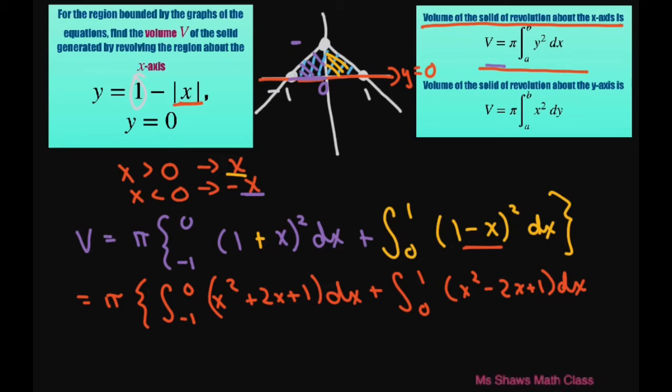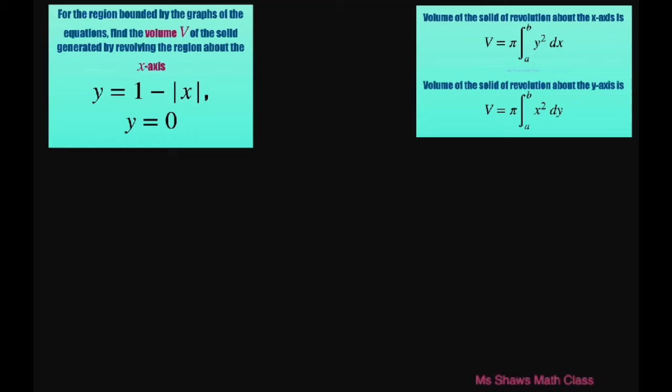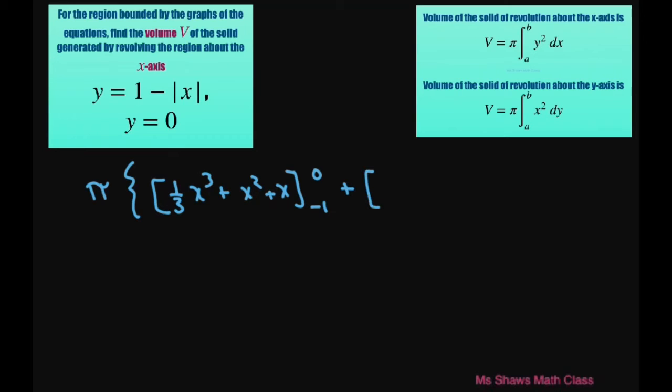So when you integrate this, we're going to get pi, and just keep that pi outside there. We're going to have 1/3 x cubed plus x squared plus x from negative 1 to 0, plus 1/3 x cubed minus x squared plus x, from 0 to 1.